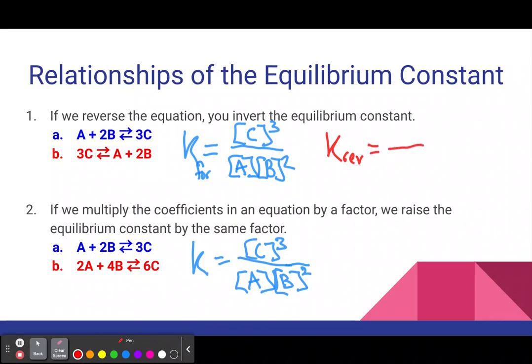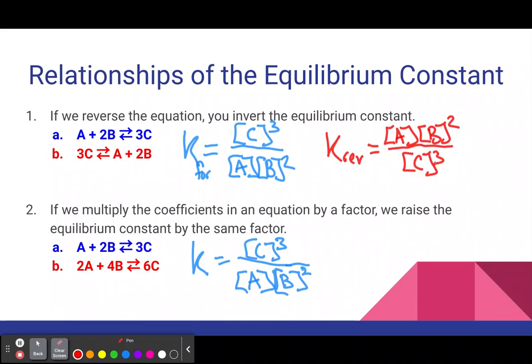So instead of it being C cubed over A times B squared, we're going to get the concentration of A times the concentration of B squared over the concentration of C cubed. Okay, so again, for that relationship, all I did was I inverted the equilibrium constant, or I took the reciprocal, however you want to think about it.